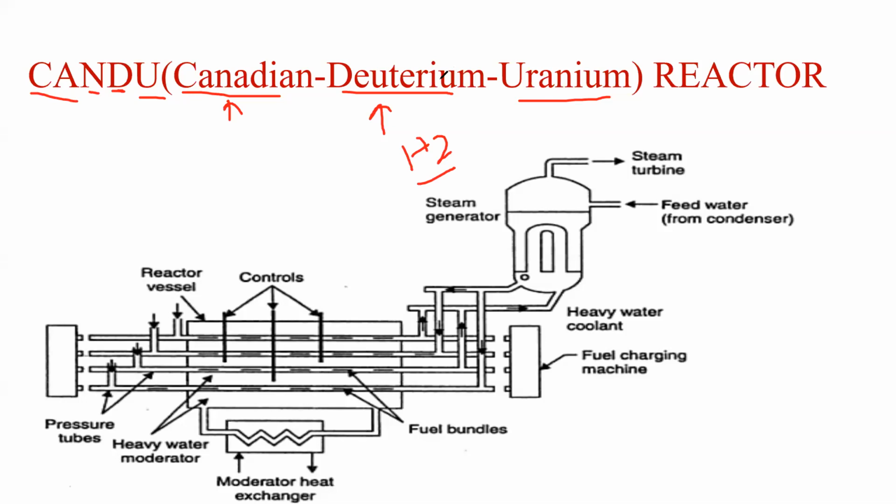It is correct that deuterium is the isotope of hydrogen, that is not the issue. Now tell me how can I represent deuterium? Oxygen I can represent as O2, nitrogen as N2, hydrogen as H2. So how can I represent deuterium?